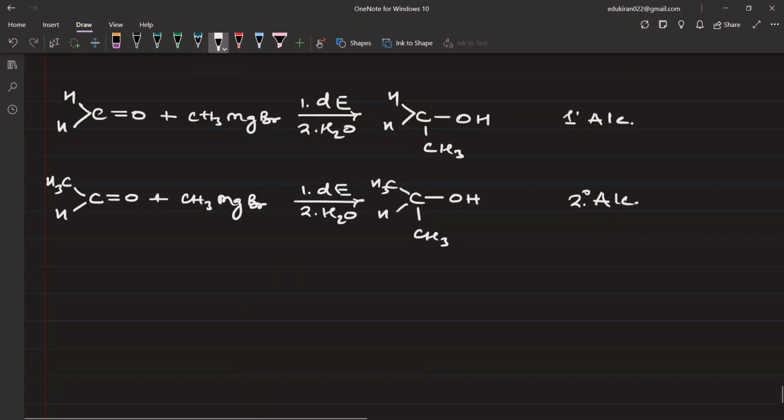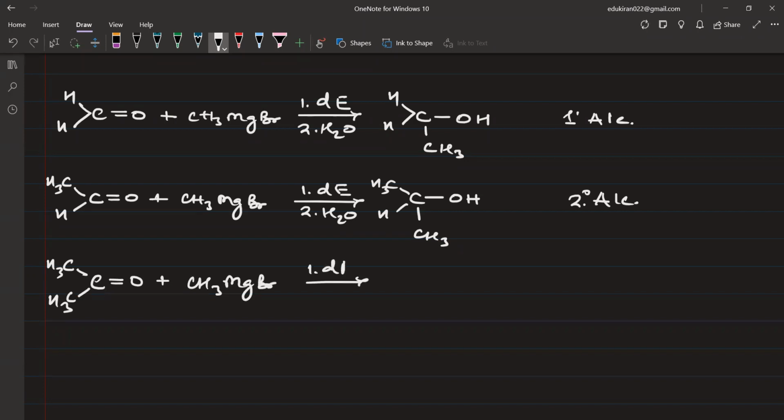And if you have ketones, CH3 and CH3, double bond O plus CH3MgBr, it is going to give you 3 degree alcohol. Carbon, the 2 CH3 as they are. Here you will have another CH3 and the double bond O will become OH. Please write these 3 reactions down.